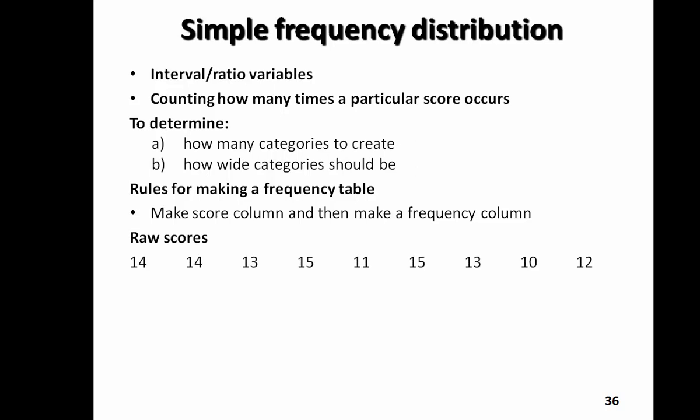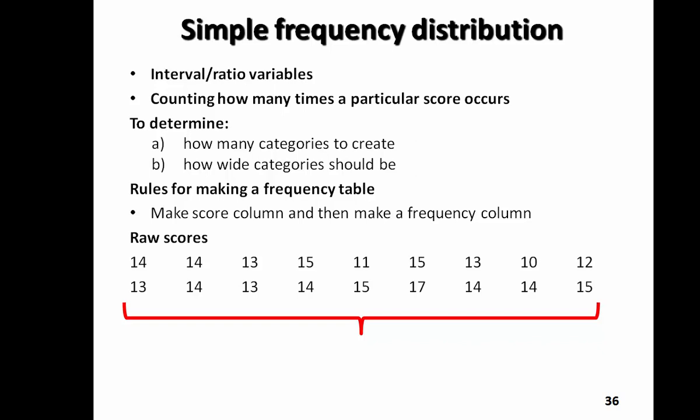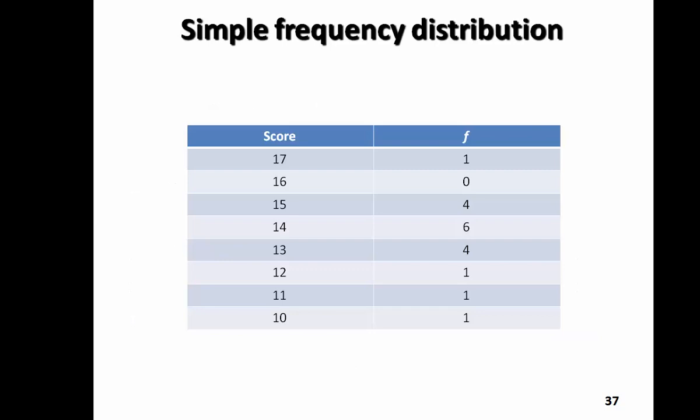The first step is to collect raw scores. In this example, we see a number of raw scores, and this represents a class quiz, a multiple choice quiz that had 17 questions. We see a wide range of different responses among the students taking this quiz. Once we've collected the raw scores, the next step is to order the scores from high to low.